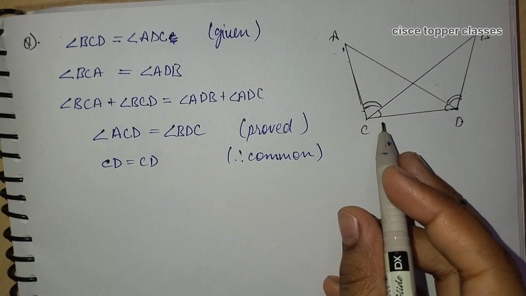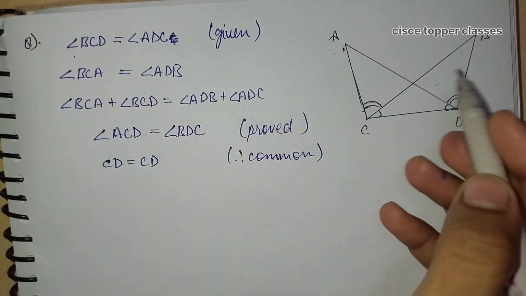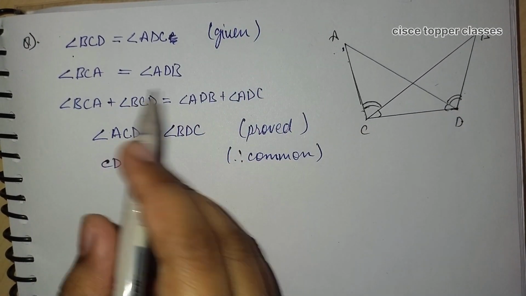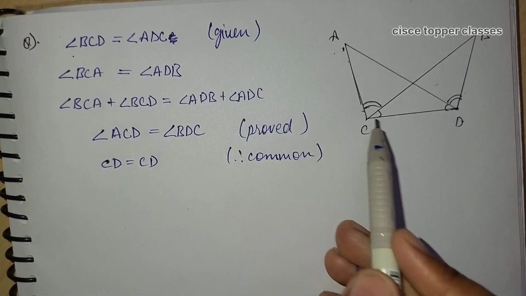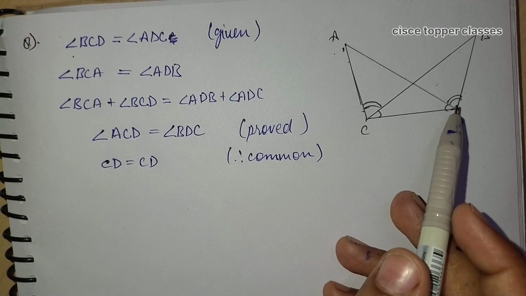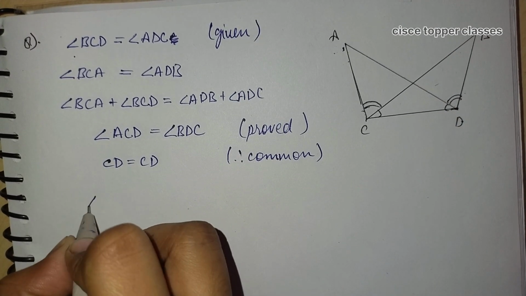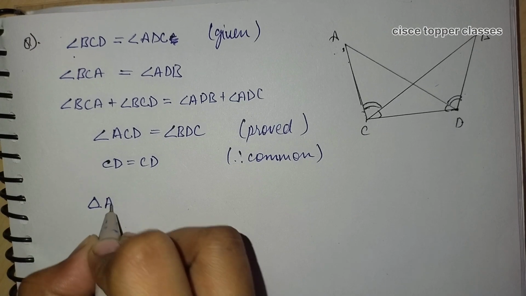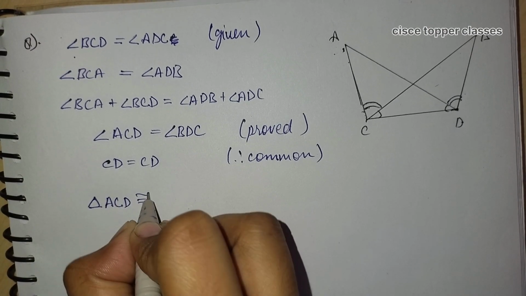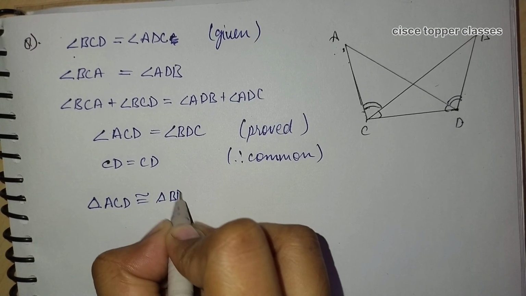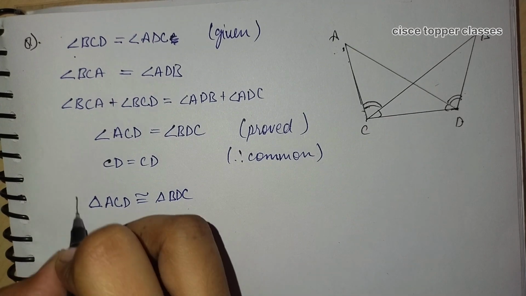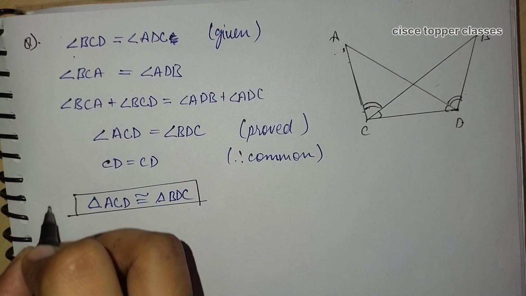So from here we can simply write that BCD is also equal. So it is angle side angle congruency here. From here we have triangle ACD is congruent to triangle BDC. So simply this we have to prove in the first part.